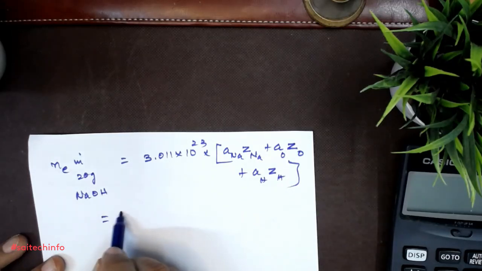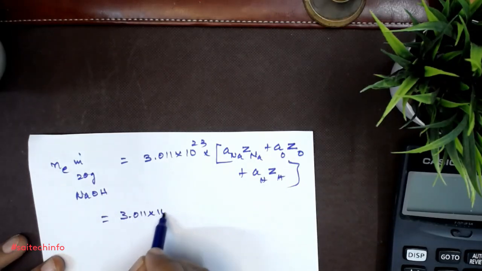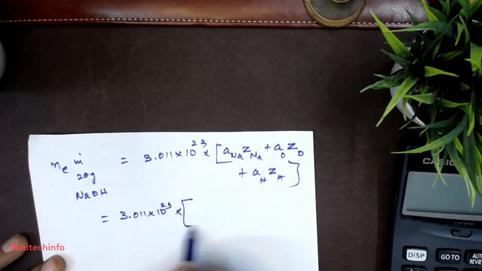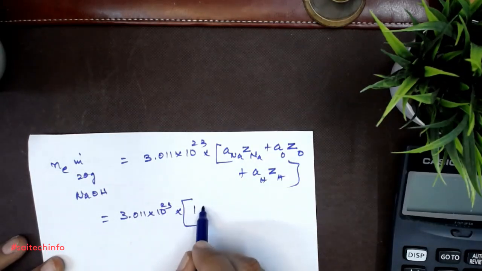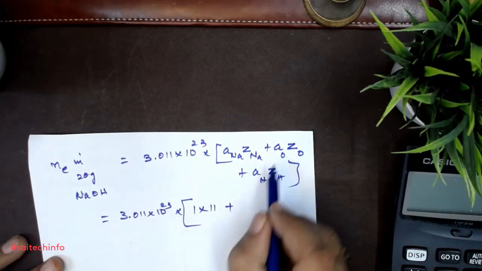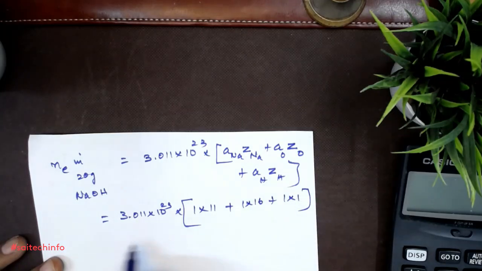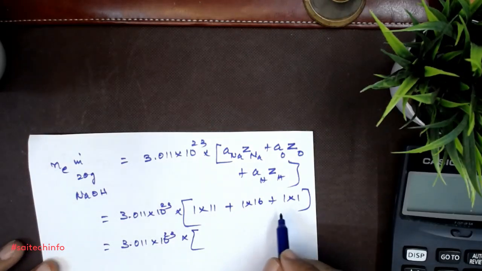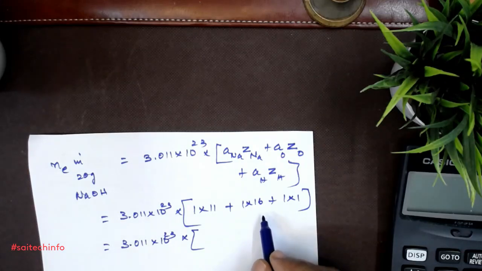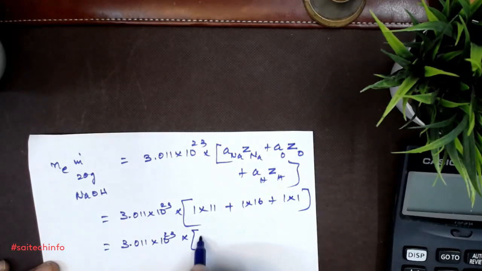So that is 3.011 into 10 power 23 into (1 into 11 plus 1 into 8 plus 1 into 1).